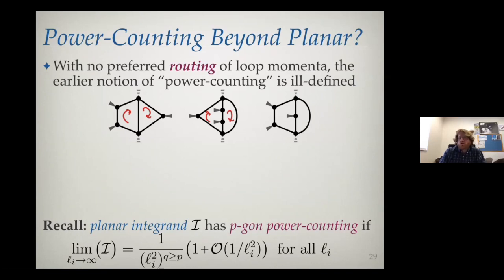There's no intrinsic way to, until you choose an assignment for the loop momentum. This definition here is imprecise and ill-defined, and so when we are encountering a non-planar graph or a non-planar quantum field theory, we somehow have to deal with the fact that this kind of polynomial degree power counting requires a reference to how you labeled the graph, and this is a very bad idea.